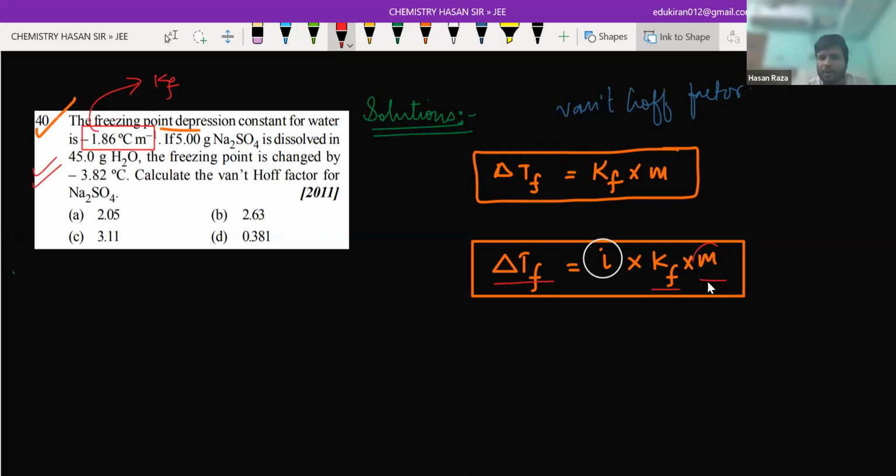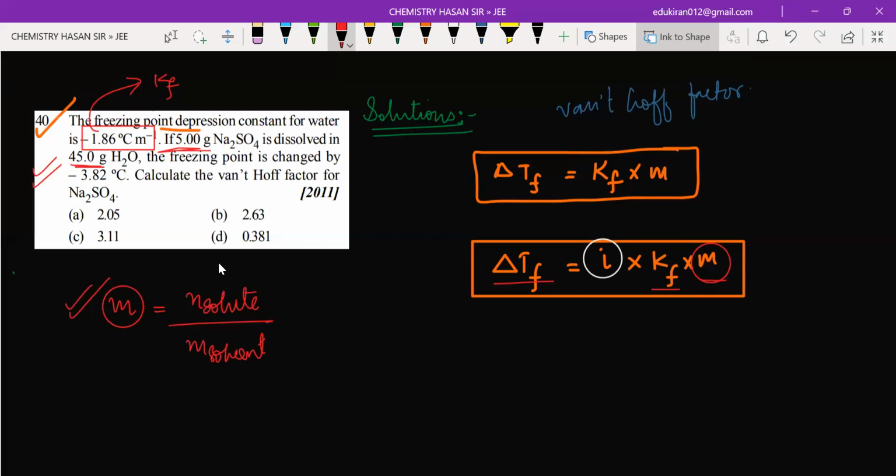And you can also calculate the value of M, that is molality, because mass of solute is given, mass of solvent is given. And you know, molality is equal to number of moles of solute over mass of solvent in kg. So with the help of the given mass of solute and mass of solvent, you can calculate the molality. Are you getting my point?